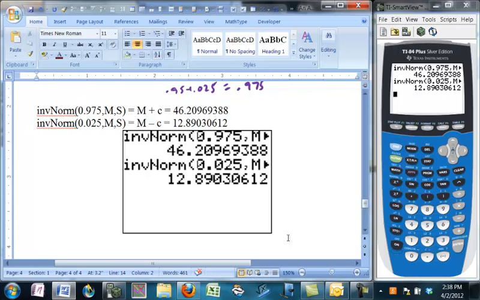So the interval we need is the interval from, I'll round off here a bit, 12.9 inches up to 46.2 inches. By the way, notice these are values on our horizontal scale, which in this case is inches of rainfall per year.